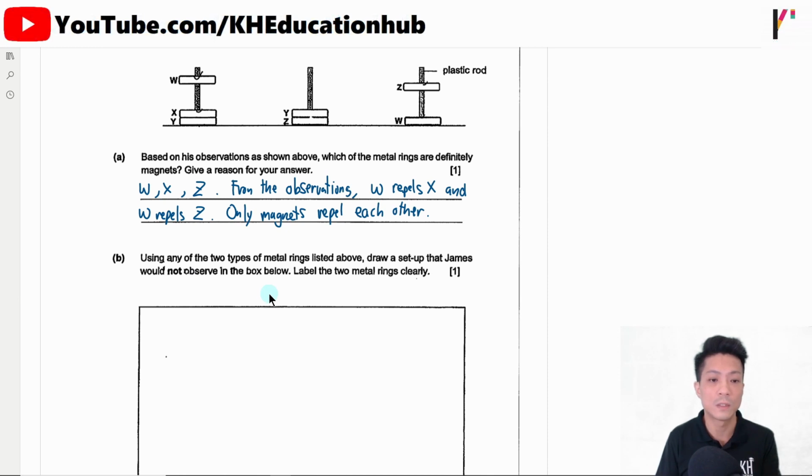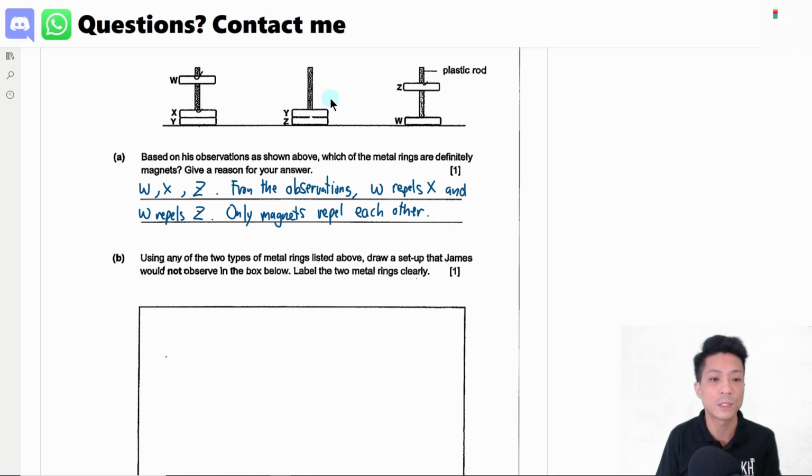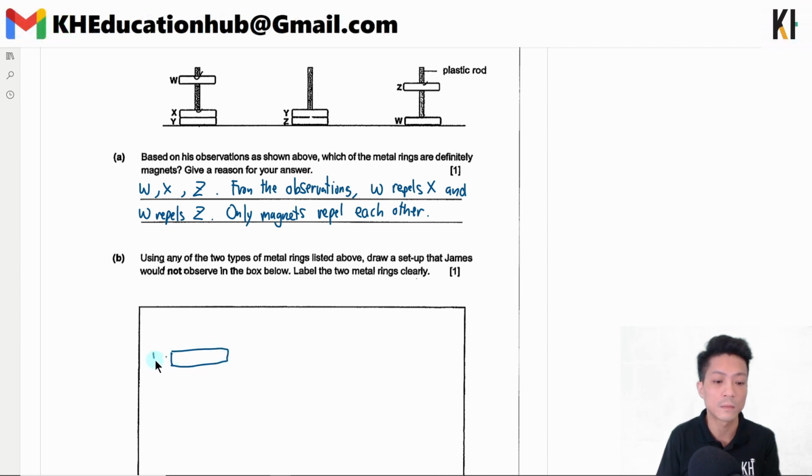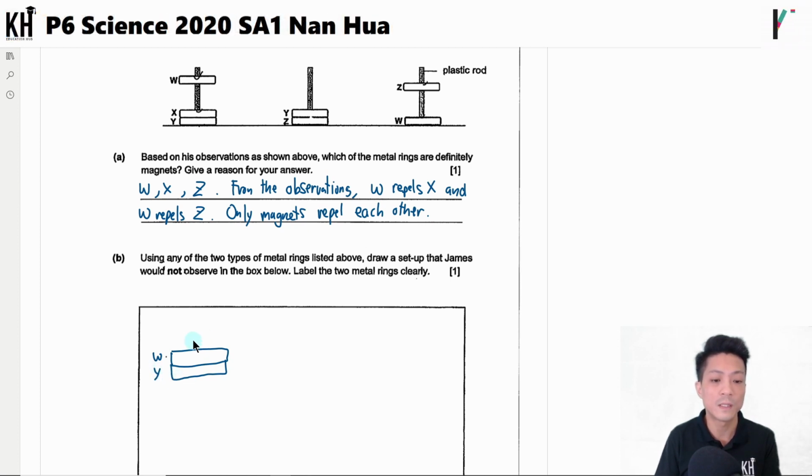We know that Y is definitely not a magnetic material, and I don't see any interaction between W and Y, so I can draw W and Y. Since Y is definitely not a magnetic material, they will definitely not repel each other.